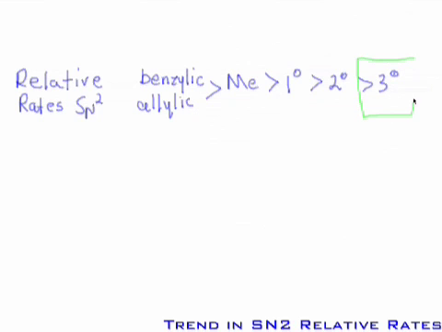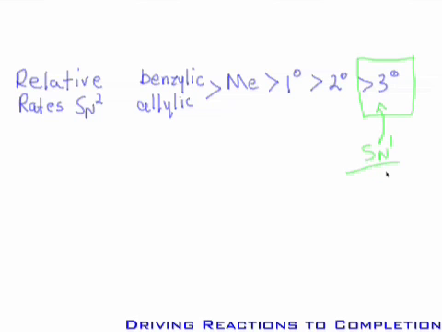Tertiary would not even go SN2. If it reacted, it would probably go SN1. Okay, so there you have it: allylic and benzylic halides under SN1 and SN2 reaction conditions. And now I'd like to give you just some final facts concerning the SN1 and SN2 reactions.